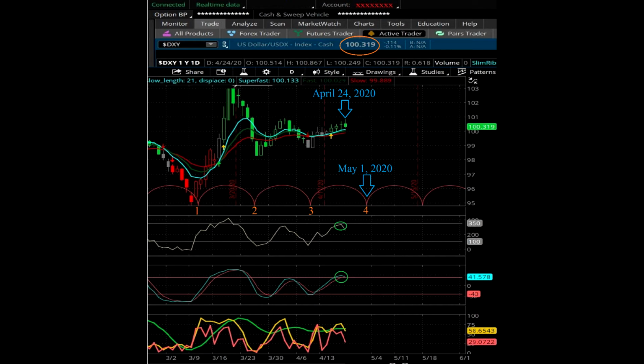We just believe that this is going to come down, and that April 24th is approximately the peak of the US dollar index for now. It could go a little higher. Okay, this is not exact science, but we do believe that we're in the ballpark. Okay? So that's important to understand about cycle analysis. You can clearly see the cycles, right?